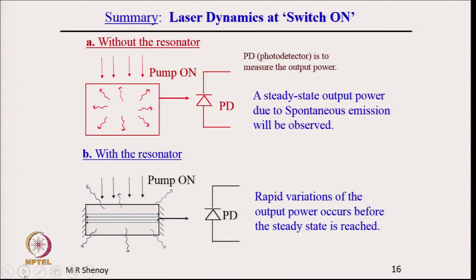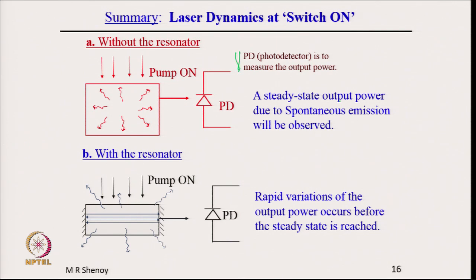So, the summary is here of laser dynamics at switch on. Without the resonator, if you measure the output power, because of pumping there is spontaneous emission which is taking place. So, light is emitted in all directions, and on the photodetector you will detect a certain steady output power. The photodetector is to measure the output power.